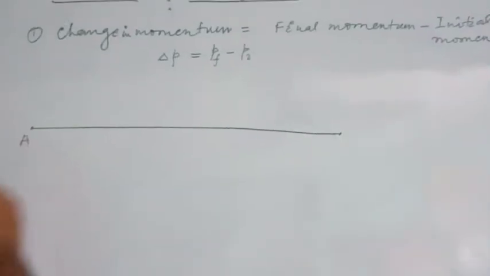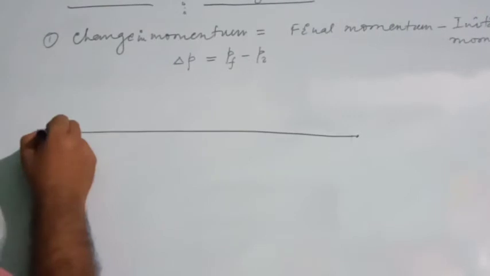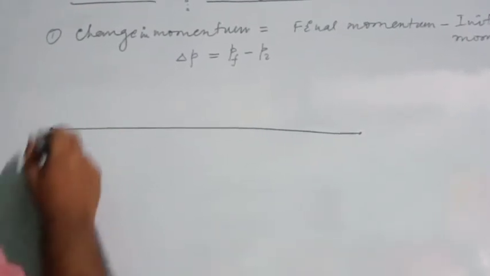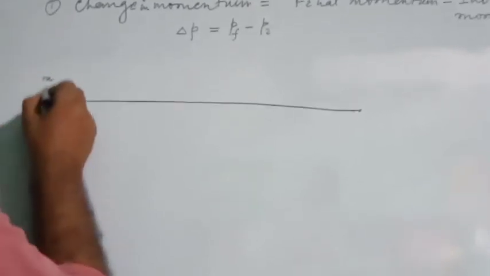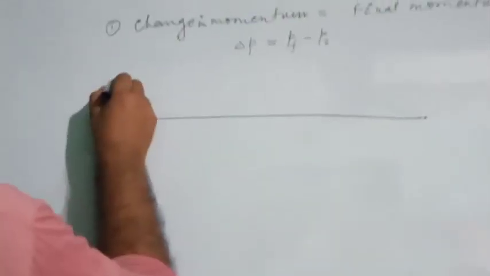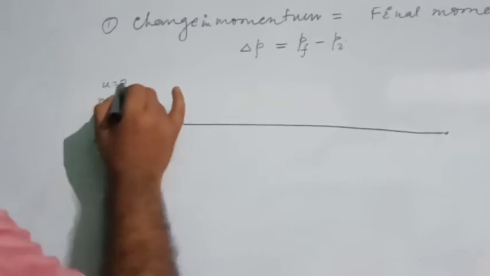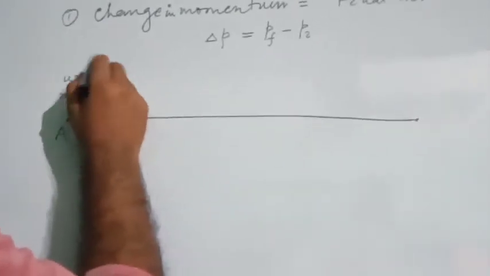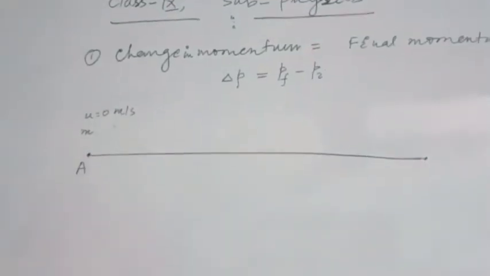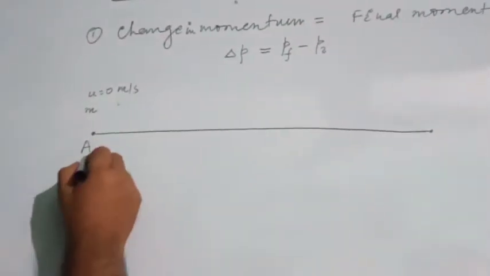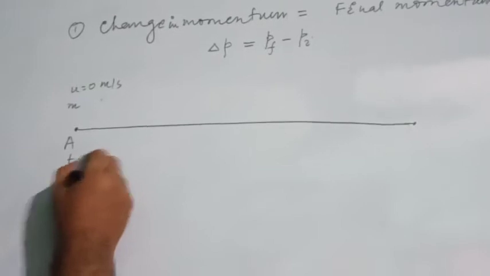At point A, there is an object whose mass is m and initial velocity is 0. It means it is at rest at point A at time t equal to 0.